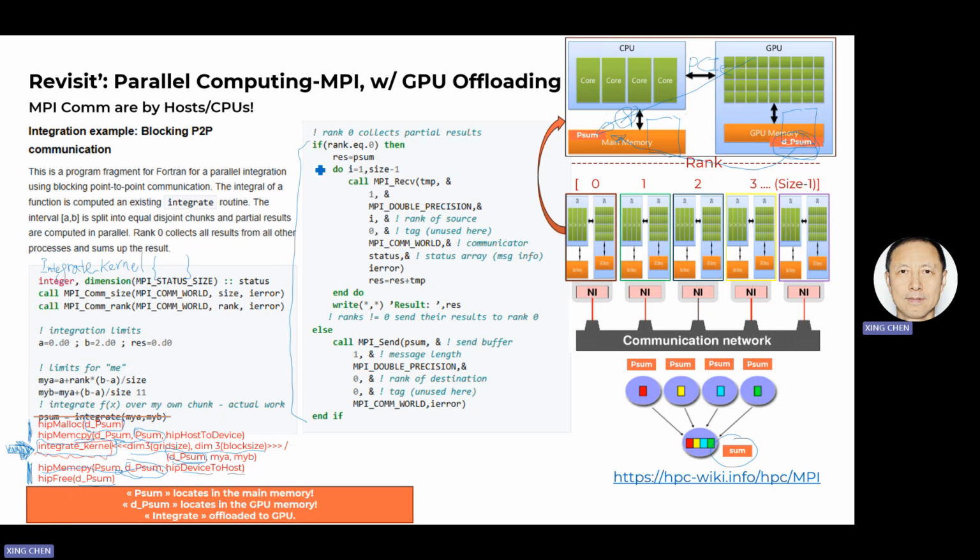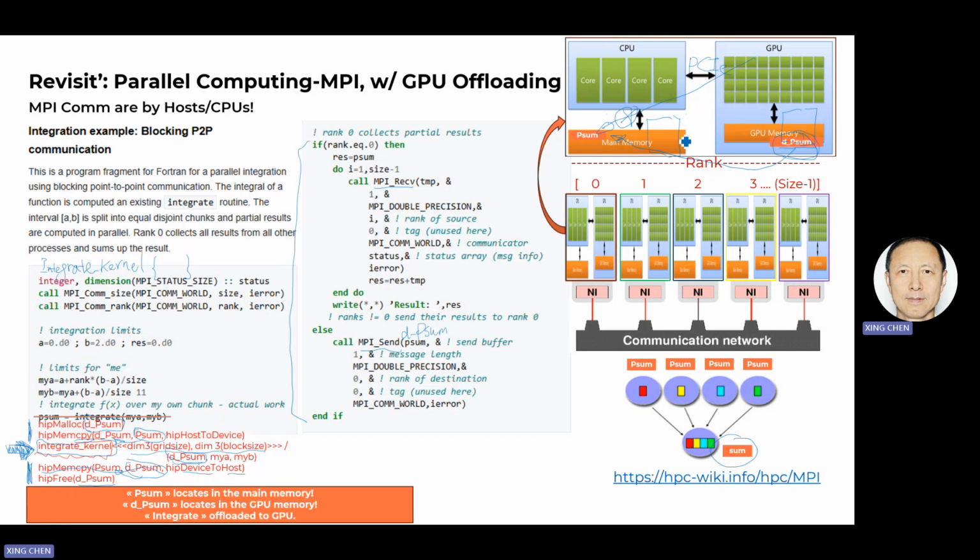So if I don't copy the dp-sum back to the CPU, what I'm going to do is call these MPI libraries. I'm going to ask the MPI message send and receive to send this dp-sum and to receive this value from other GPUs, from other nodes.